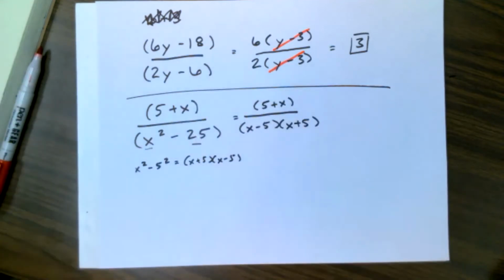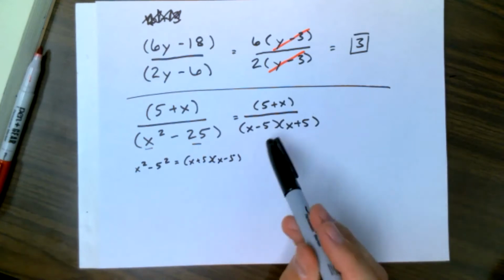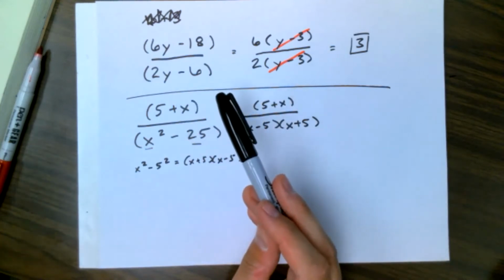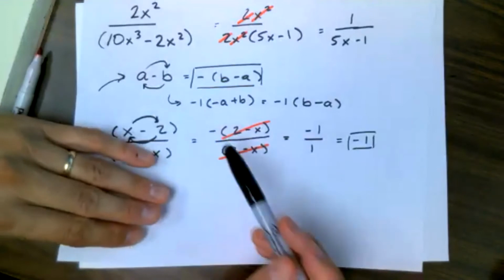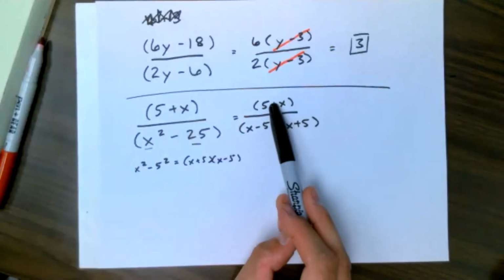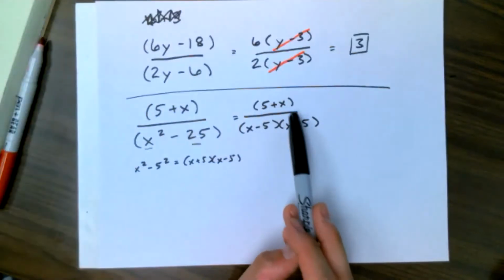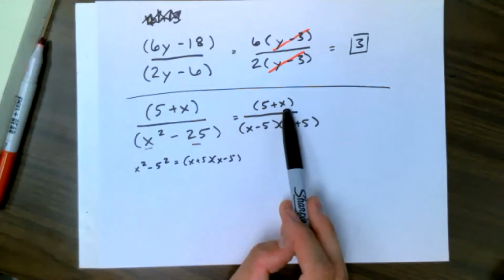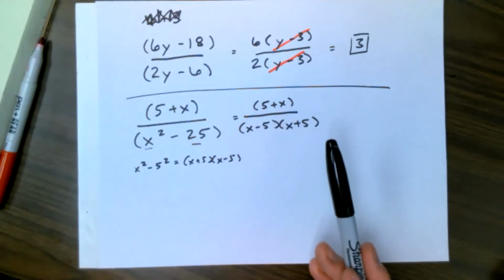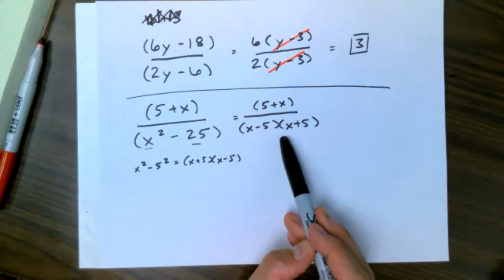Now look, we don't have to use that cool trick that we just learned on the previous page, right? With the minus signs, because this is addition in both of these parentheses. 5 plus x, due to the commutative property, is the same as x plus 5.